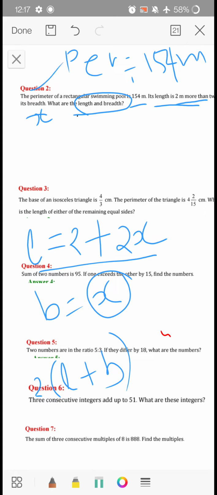Its length is 2 meter more than twice of breadth, so length is 2 plus 2x, as we have supposed the breadth is x meter. So I got length and breadth. Now let's combine it to get the answer.